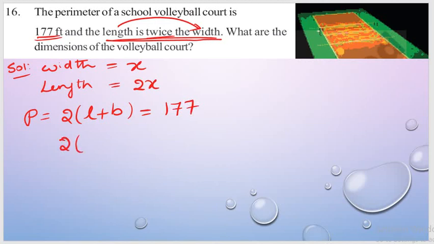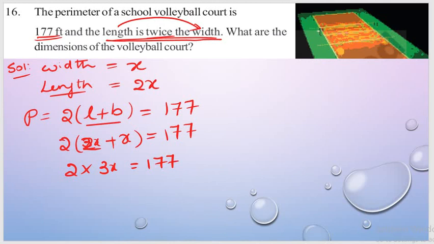Substituting the values, the length is 2x and the breadth is x, which gives me 2 into 3x is equal to 177.